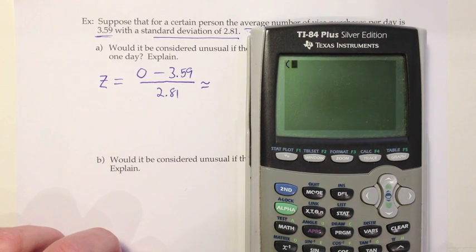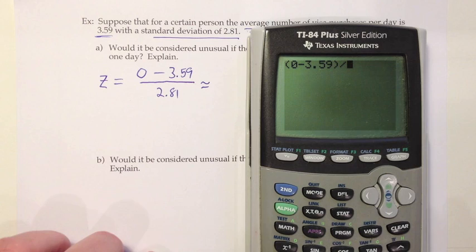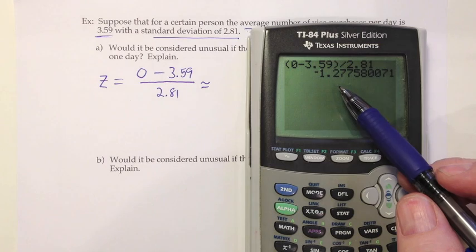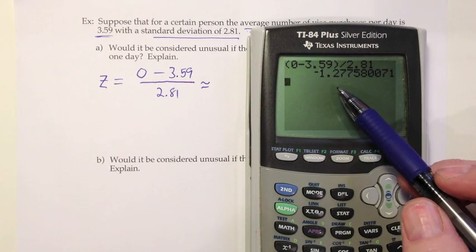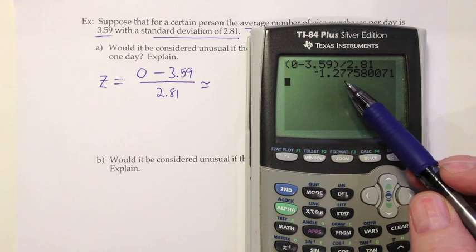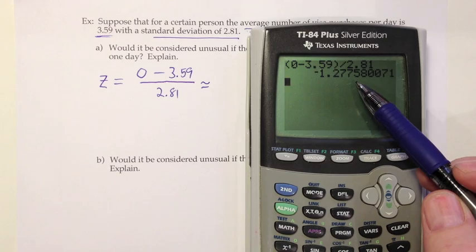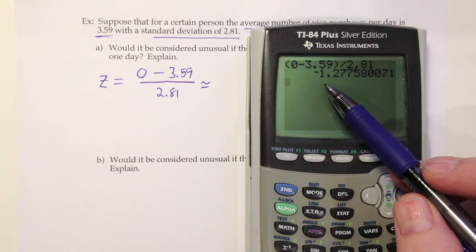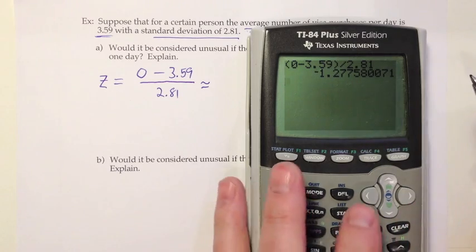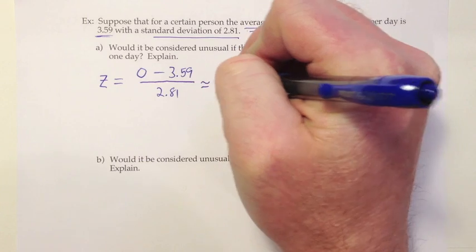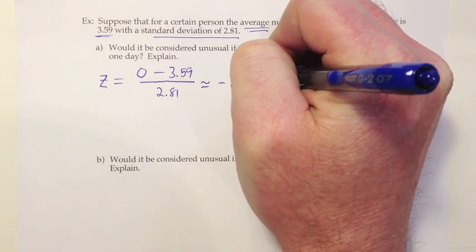So for me, my z-score, I want it to be open parentheses 0 minus 3.59 close parentheses and divided by 2.81. And we also talked about the z-score always being rounded to exactly 3 decimal places. So negative 1.27, and it's a 7 but followed by a 5, so I'll make that negative 1.278. So the z-score is negative 1.278 for that.